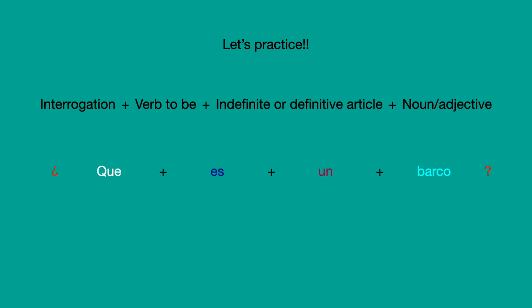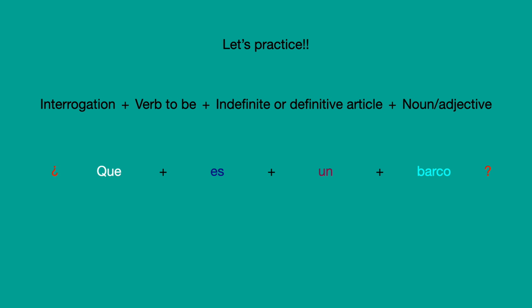You can do the same with the other interrogation words. For example, you are going to say, ¿dónde está la casa? That is a question, or you can use it with when, for example, ¿cuándo es la cena? So that would be another question. So you can just build, you know what I mean, with this expression and what we were already studying.